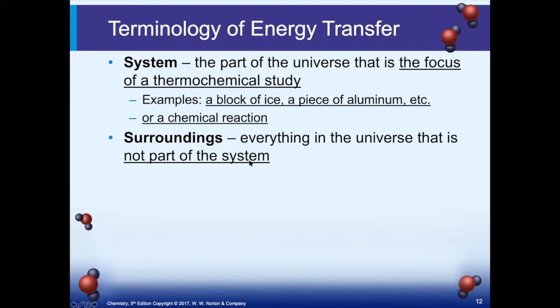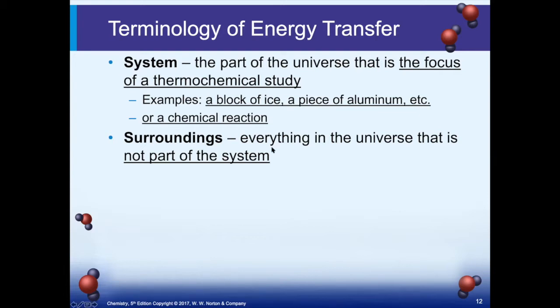Now, most of the time, practically speaking, that's just going to be what's very, very close. So for example, if we're studying a chemical reaction, it might just be the volume of water that the chemical reaction is occurring in, or a piece of aluminum. Well, that could just be the surroundings of that piece of aluminum. Could just be, again, the cup of water that I sink that aluminum down into, or something like that.